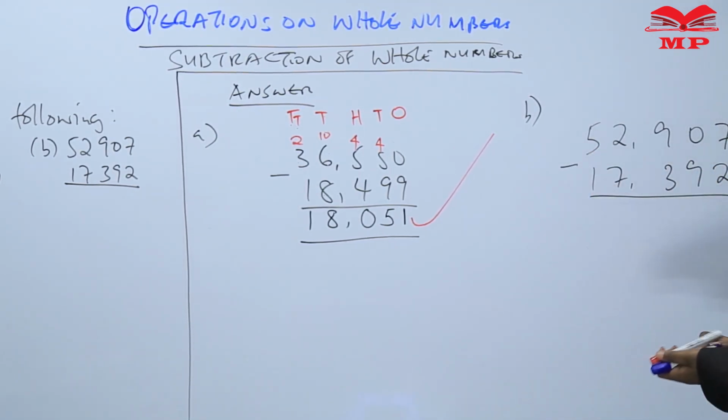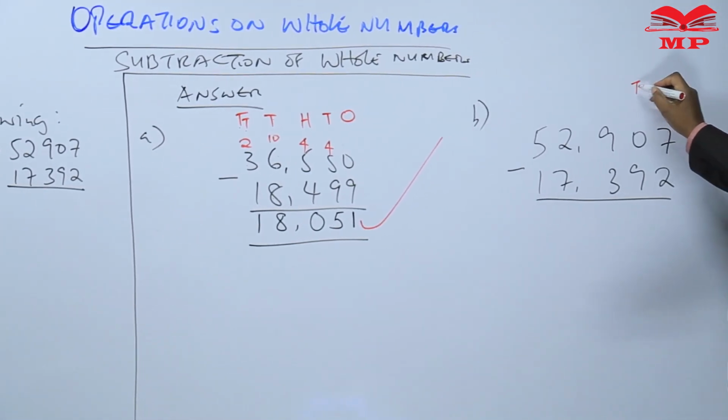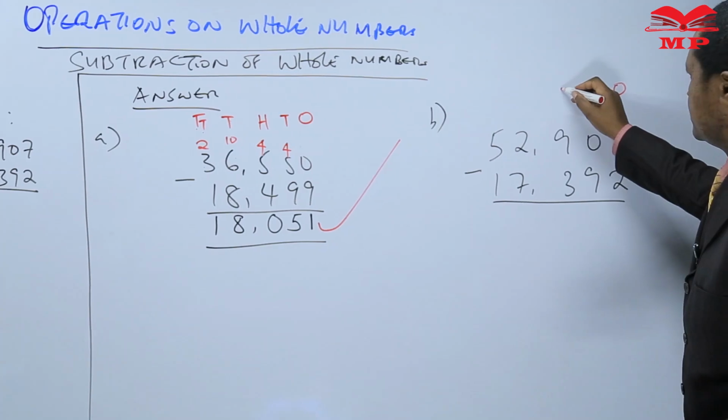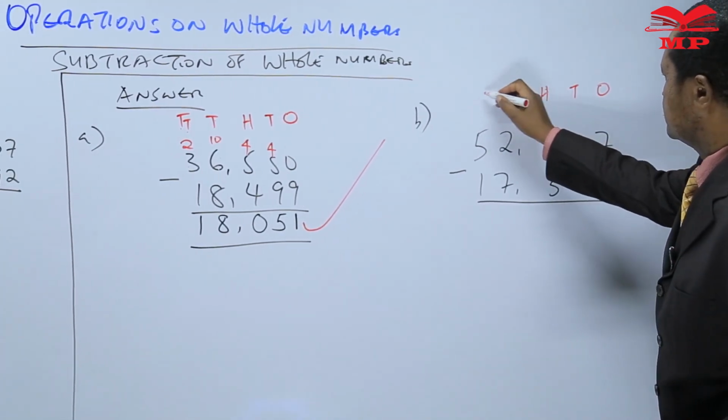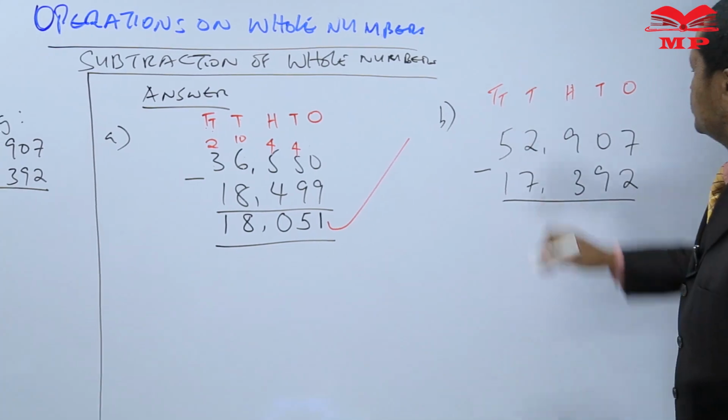We start with the ones, then tens, then hundreds, then thousands, then 10,000s.